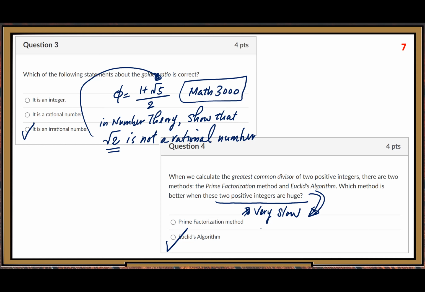This property, so I'm talking about the property, okay? What property? The prime factorization is extremely slow.